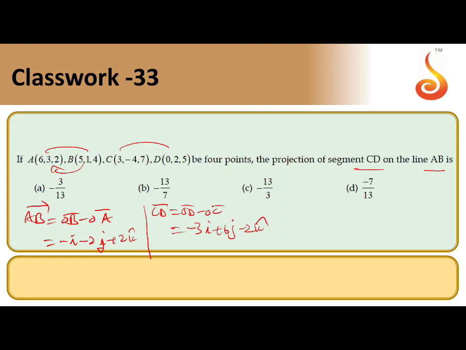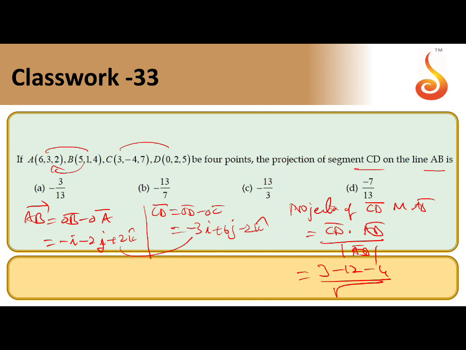Now the projection of CD on AB. What is the formula? CD dot AB by modulus of AB. So the dot product between CD and AB: 3 minus 12 minus 4, divided by magnitude of AB.